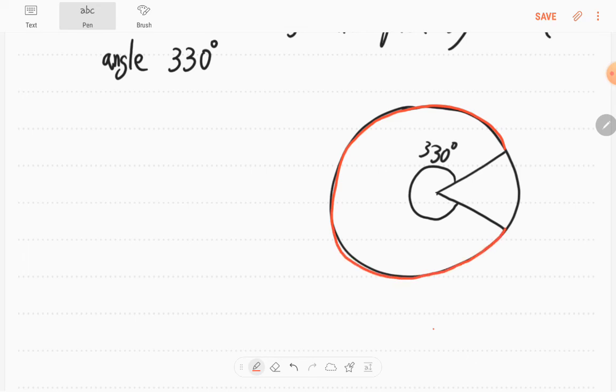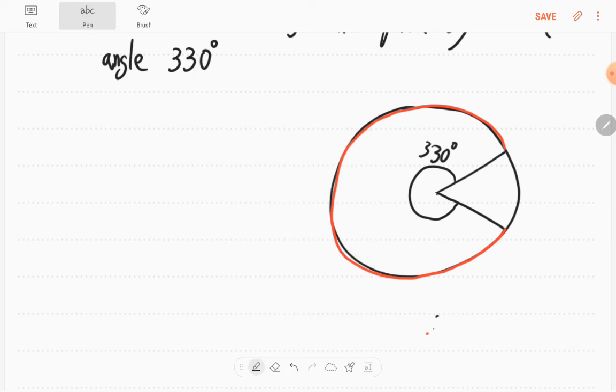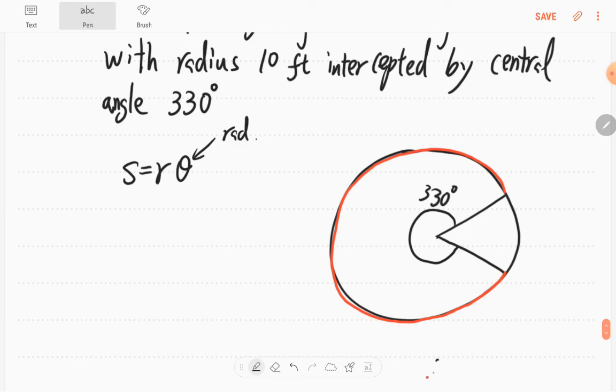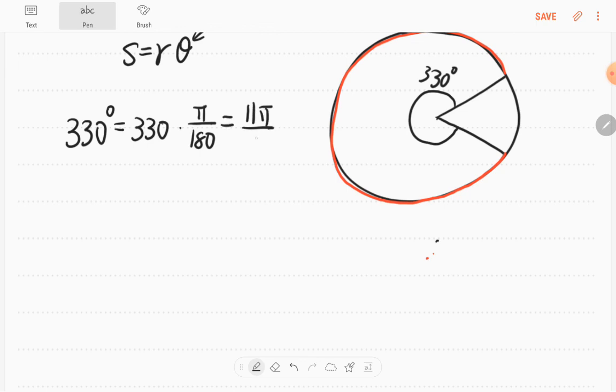Right? Red part. Okay, so we can use the formula directly, but if you use s equals r theta, keep in mind this theta must be in radians, not in degrees. So you need to convert our 330° to radians. So 330° is equal to 330 times pi over 180 radians, right? So it's equal to 11 pi over 6 if you simplify.